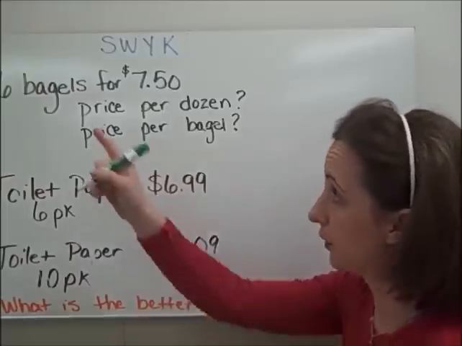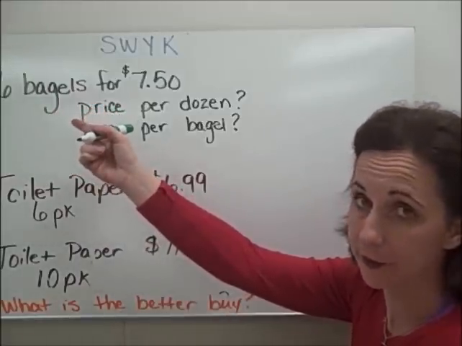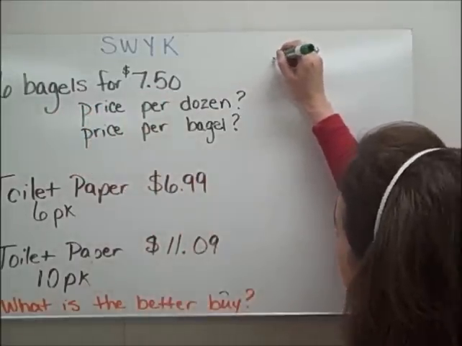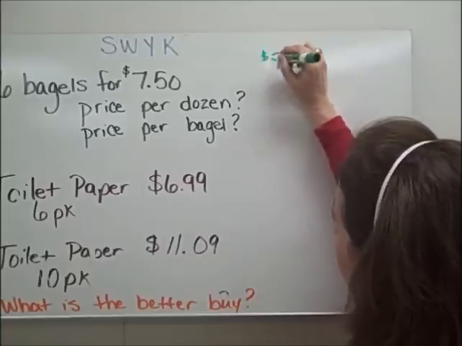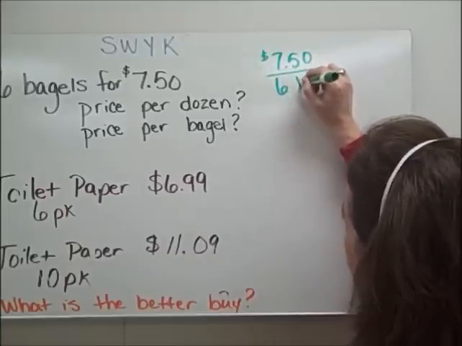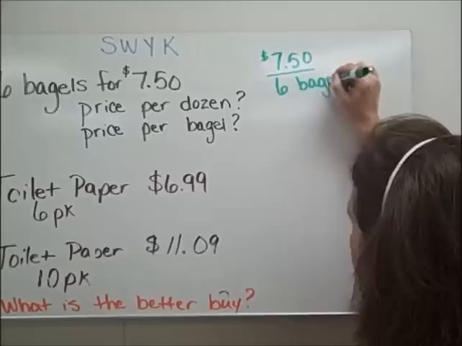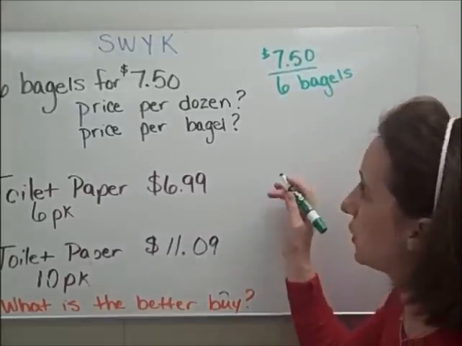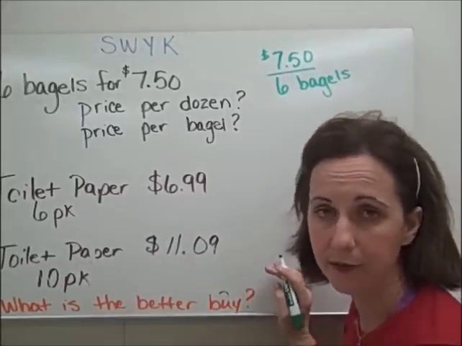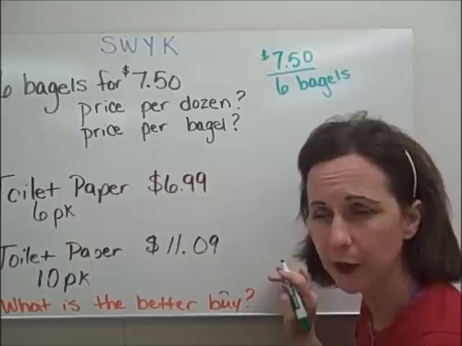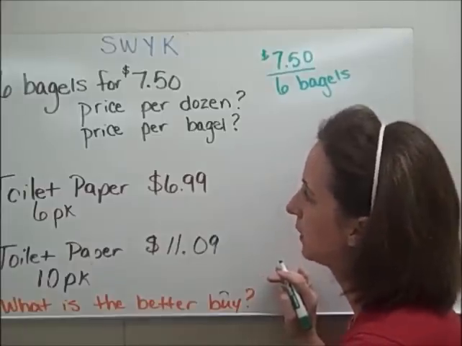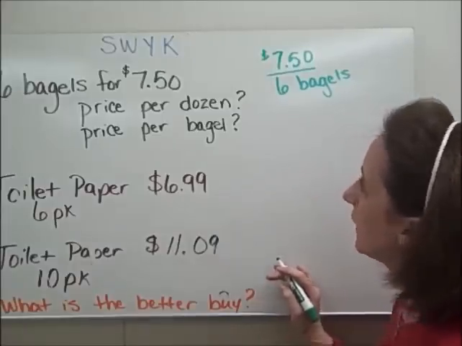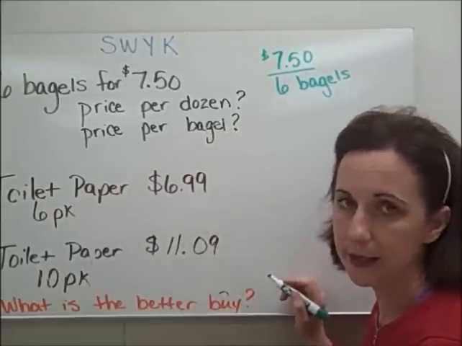All right, first we're going to write 6 bagels for $7.50 as a rate. $7.50 for 6 bagels. Now I changed it. You could have written 6 bagels for $7.50, but for me I put the price first. That helps me remember what to divide so that I can get the unit price. So the price per dozen.